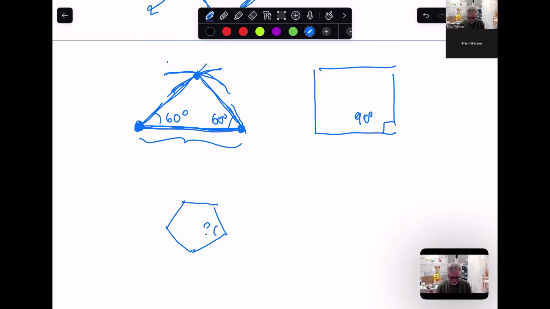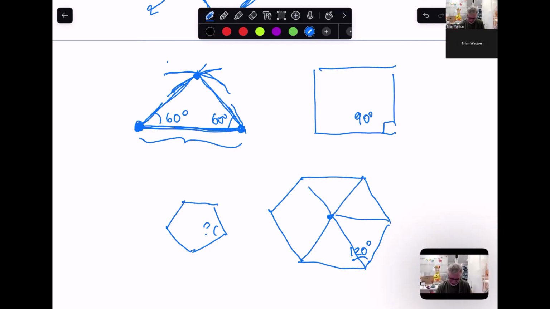And then, well, I can go to the hexagon. Let's see if I can draw a good hexagon. These angles are 120 degrees. And the way you can see that is if you fill in the hexagon with a point to the center, then these are all equilateral triangles.